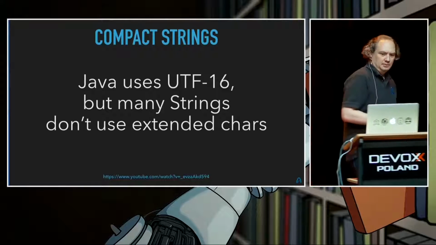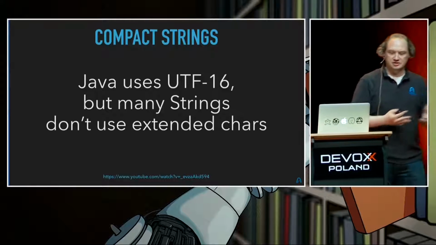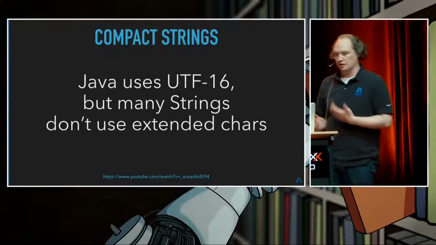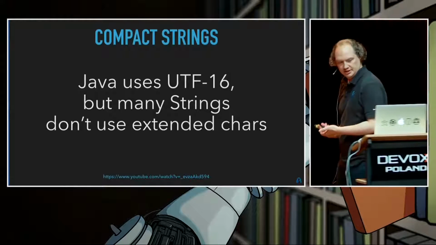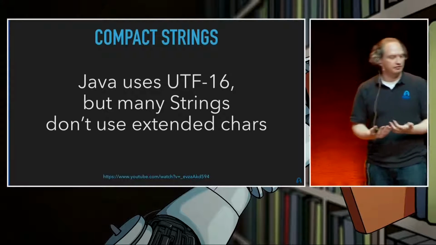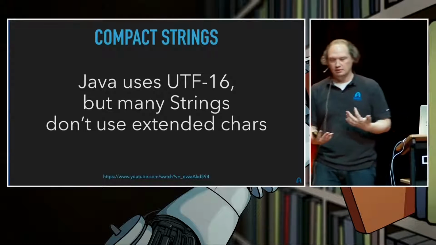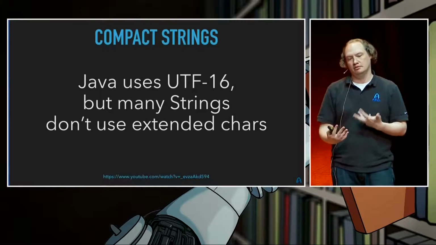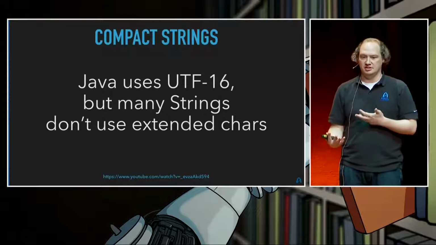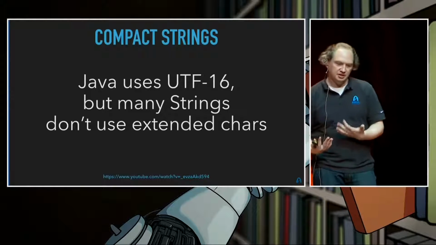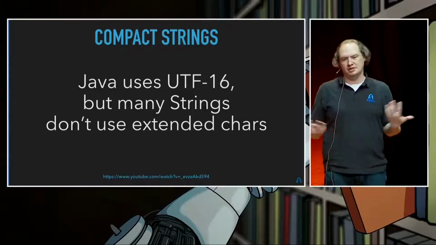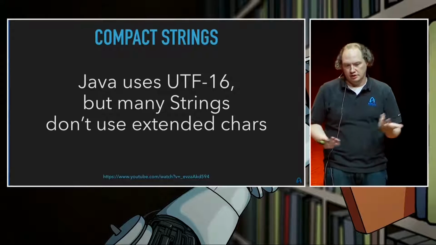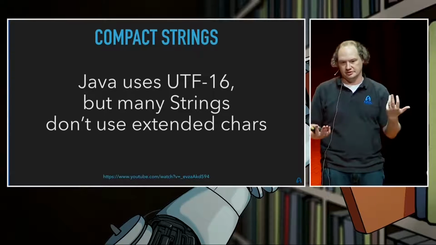There is one other optimization that may be going on here that's a little hard to separate. Java 9 also has something called compact strings. I probably could have turned it off and we could see which one is winning. But they're both coming into play. Java uses UTF-16 strings, at least that's the default representation. But it turns out many strings are Latin-1 and don't need to use extended characters.